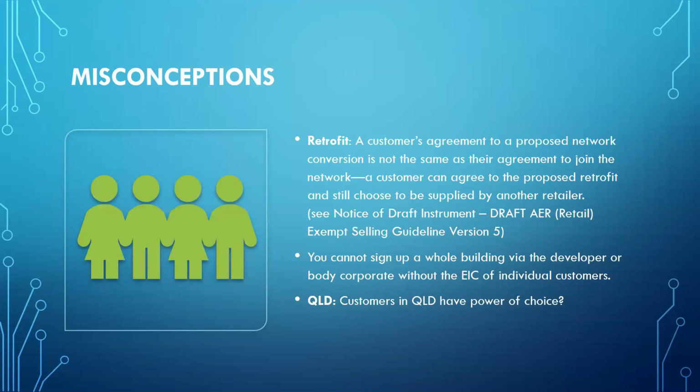They're two separate things, and the AER has requirements around when the poll is taken, recording the poll, and the type of information that must be provided to customers about the proposed network. This is not to be taken as them also then consenting to be supplied electricity in that network by the proposed provider.